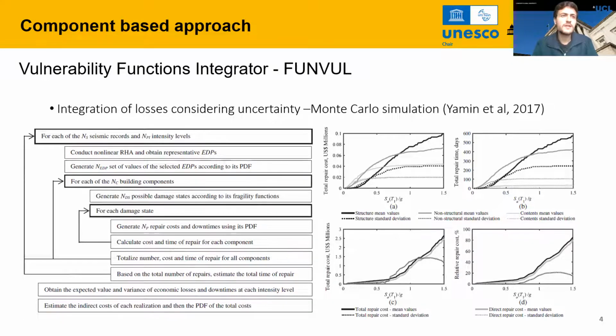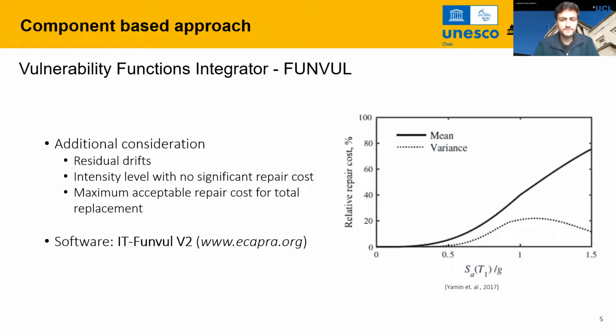You will then have a distribution of losses, and with that distribution you can assess the vulnerability functions, which you can divide into the vulnerability function of the structural elements, of the non-structural elements, or of the content elements, or you can sum the three of them into one vulnerability function for the total repair cost of the building that integrates these structural, non-structural, and contents repair costs.